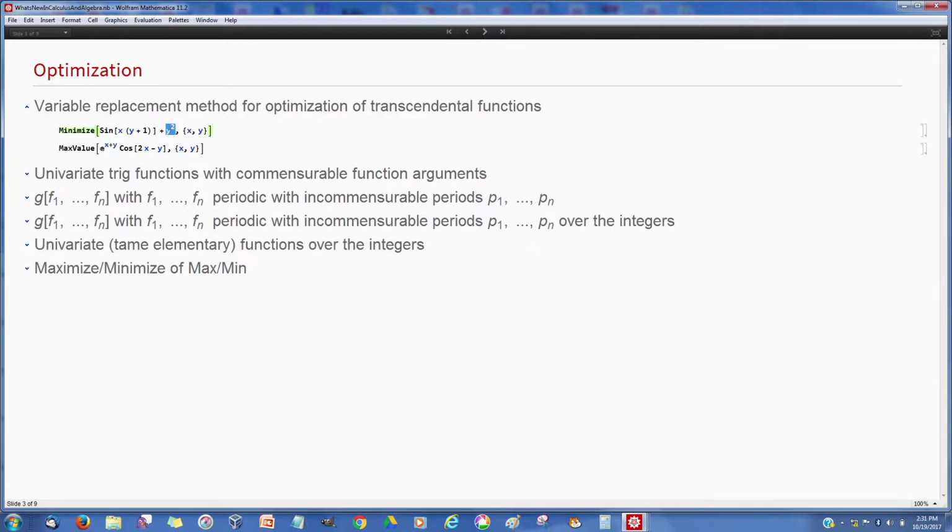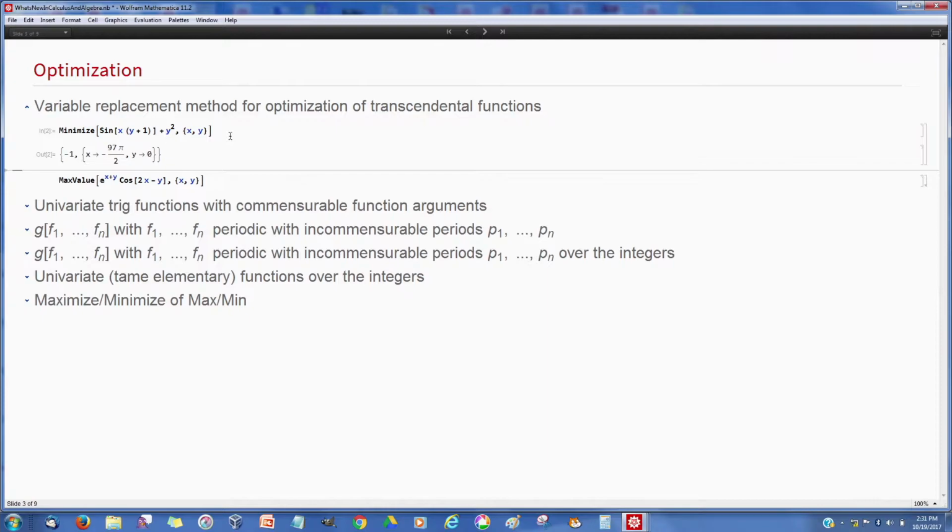So we have two different variables, and this way we can reduce this problem to solving a polynomial optimization problem, which is something we actually have algorithms for. So for instance, this one works by this transformation, and we get a result.